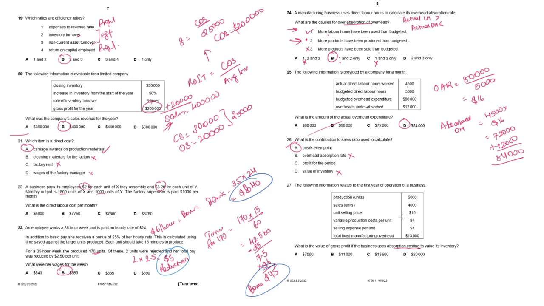But we have to follow absorption costing. So how much would be our cost of sales? Our cost of sales will be the total cost of producing the output, which is variable cost of $4 plus fixed overheads of $13,000, but it was spent on producing 5,000 units. So 13,000 divided by 5,000, $2.6. This becomes our total cost of sales, cost of producing the output.